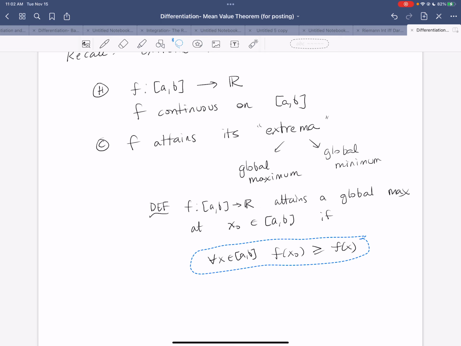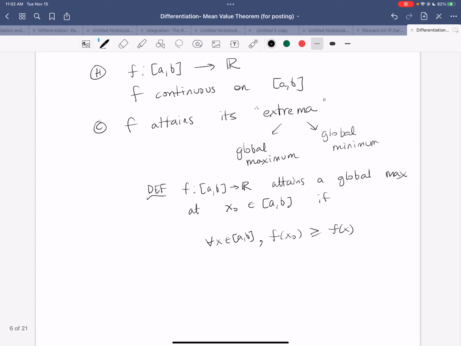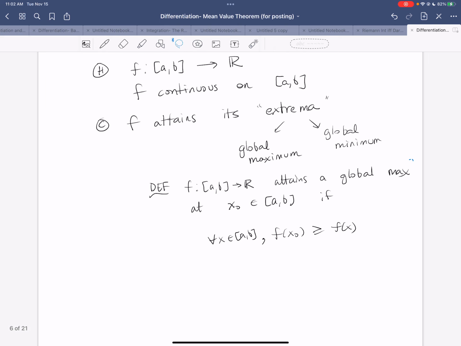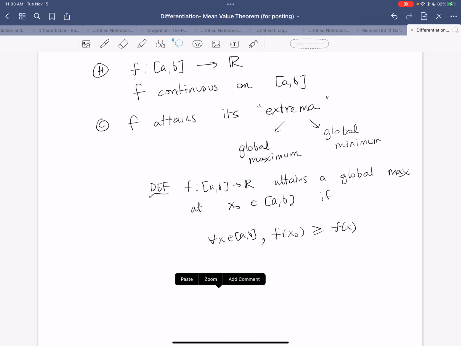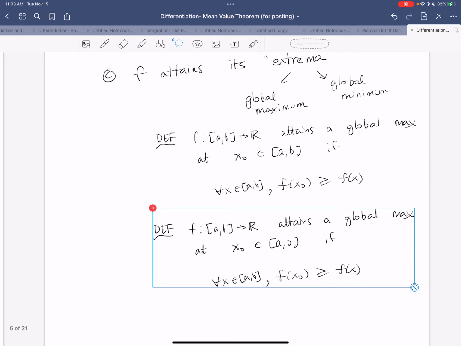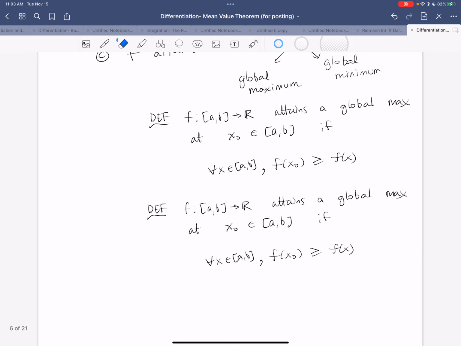In other words, the sup norm of f is actually equal to f of x naught, okay? And similarly, f attains a global min at a point x naught if f of x naught is less than or equal to f of x for all of the points.